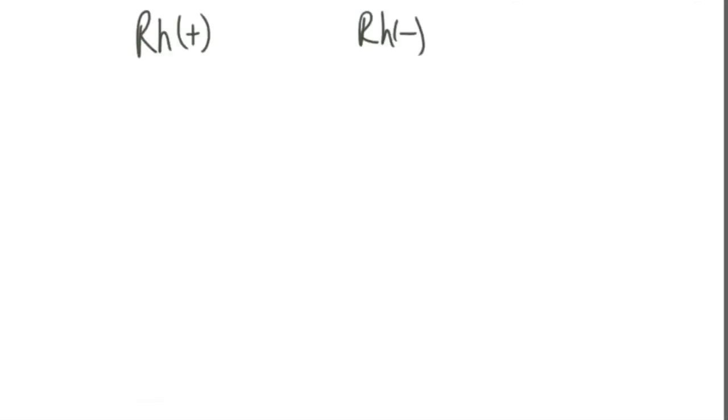You know what Rh positive means? It means they have the Rh antigen, one of them, or multiple ones. You know what Rh negative means? No Rh antigen. It's all about the antigens.